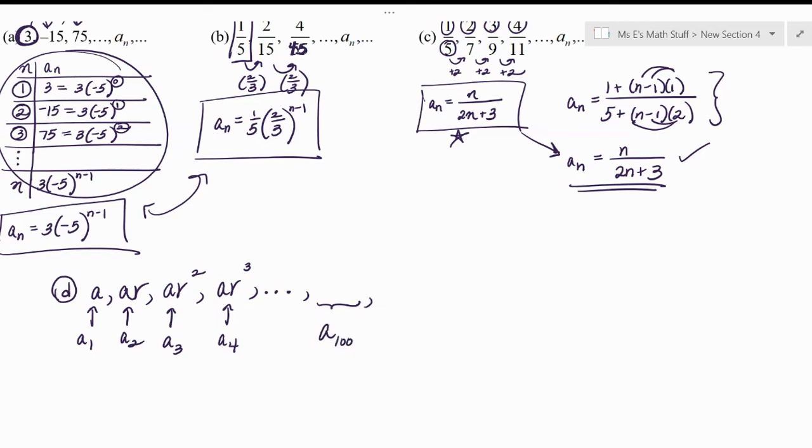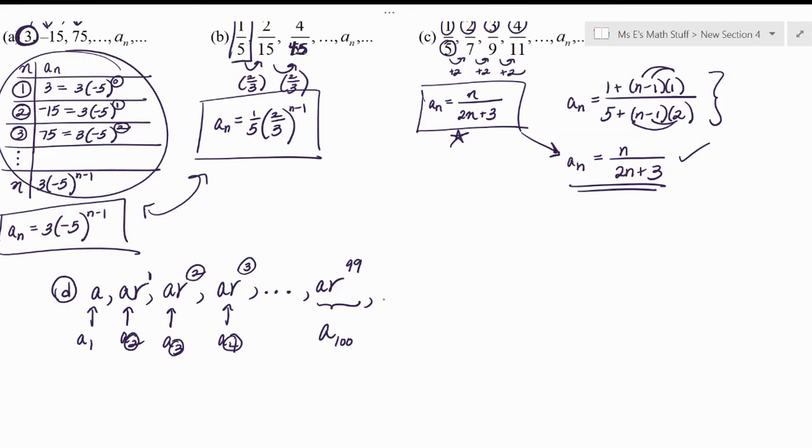Could you tell me? And so I'm hoping you could, because to get to the fourth term, you had A times your common ratio and you needed to multiply by 3 of them, right? So that was to get to your fourth term, and 3, and you have a 2 here for the third term, and you had a 1 there for the second term. So to get to your 100th term, you need to multiply by 99 of your common ratio.